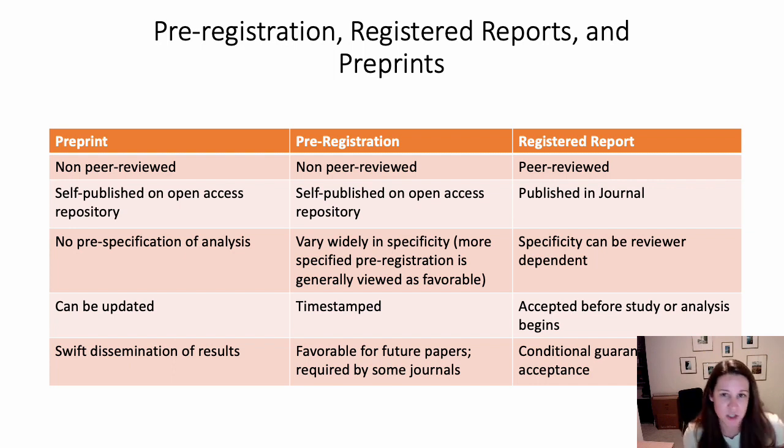For pre-registrations, it is often seen as favorable for future papers to have a pre-registration, and some journals even require a pre-registration. And registered reports, on the other hand, are that conditional guarantee of acceptance.